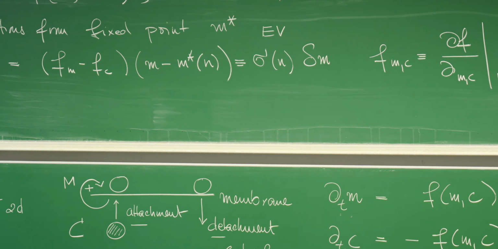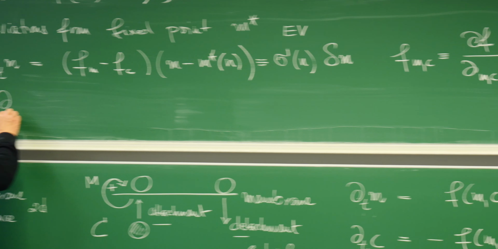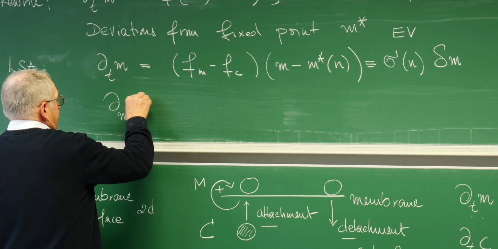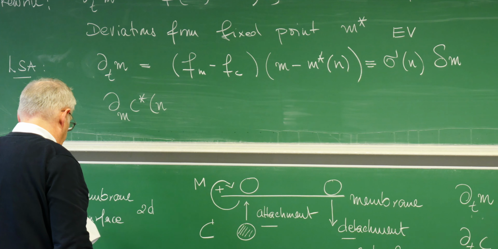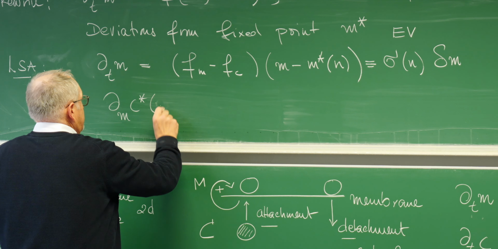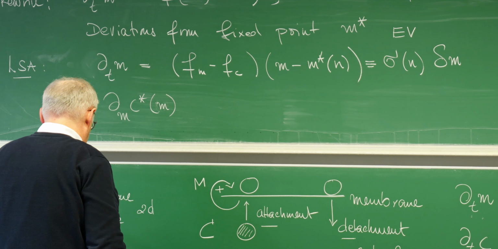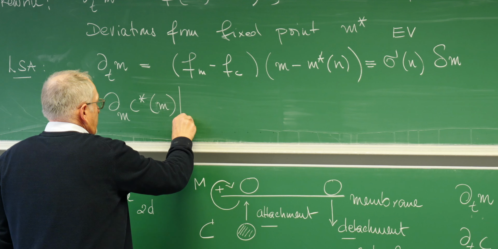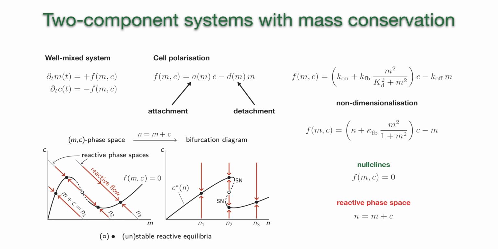f_m minus f_c has a geometric meaning, and let me explain that to you. Let's say we look at the slope of the nullcline. I'm writing this as c star of m, evaluated at a certain value of n. What I'm doing here is looking at this function c star of m, and I want to know what the slope of that function is.